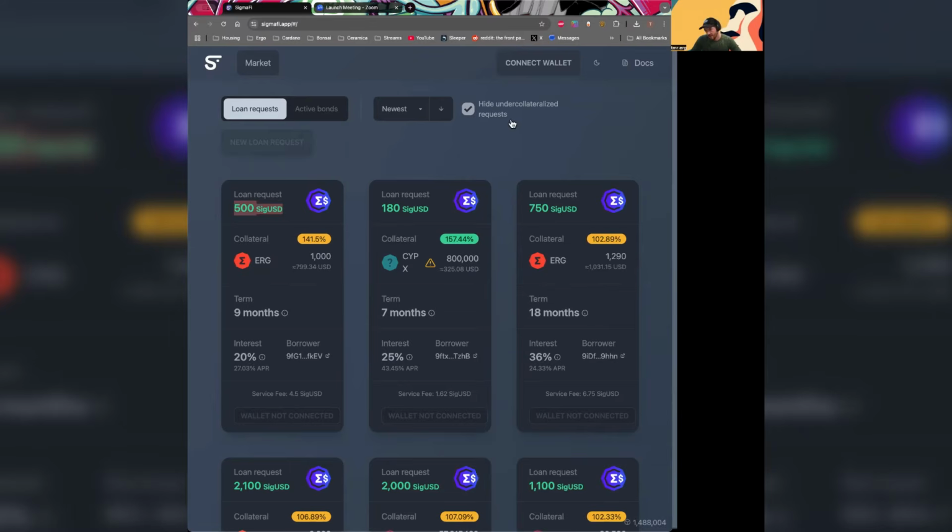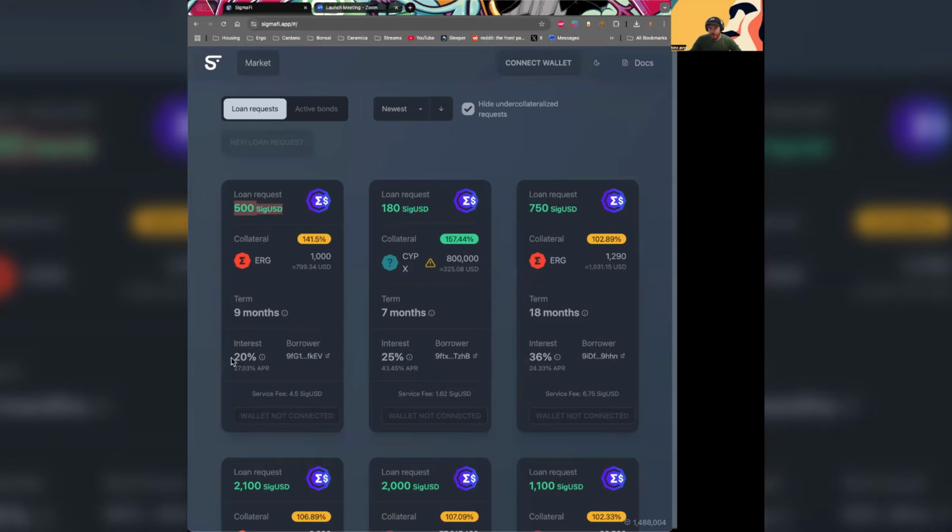That's why some of these are under-collateralized, because people are choosing to put up nothing, or maybe an NFT that doesn't have a strict market value. That would be up to you as the potential lender. This is a borrower-created loan request, so they're going to put up 1,000 ERG, and they're asking to borrow this for 9 months.